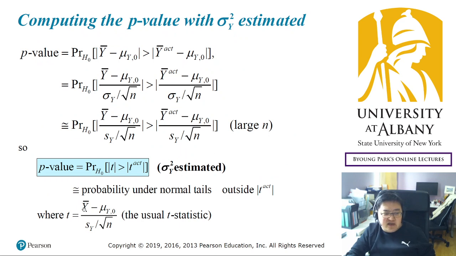So to interpret the t-statistic intuitively, y bar is the sample average estimated from the data, and mu y0 is the value you believe the mean equals. Their difference is the difference between what the data tells you and what you believe.